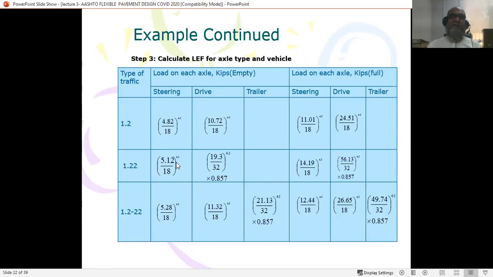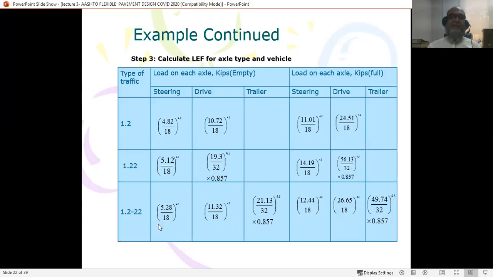Then here the first one is single axle, you divide it by 18, but the second one is a tandem axle, so you divide this value by 32 and multiply by 0.857 to make it single axle, because AASHTO requires only single axle load. So hence and so forth.